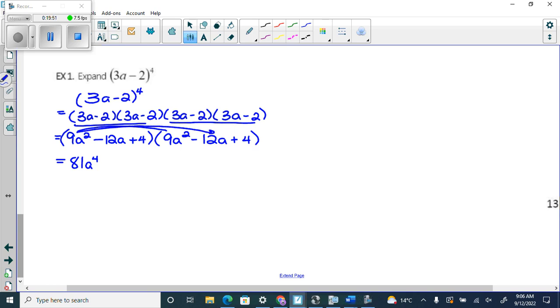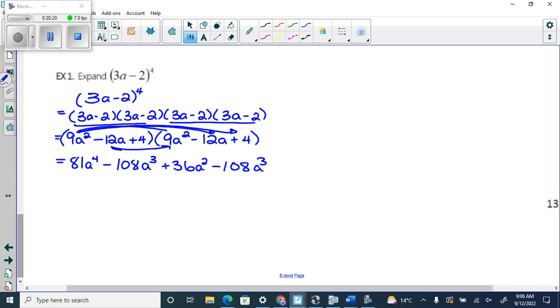9 times negative 12 is what? Negative 108, a to the 3, a squared times a. And then 9a squared times 4 is 36a squared. Then we do the negative 12. Negative 12 times 9 is negative 108a cubed.